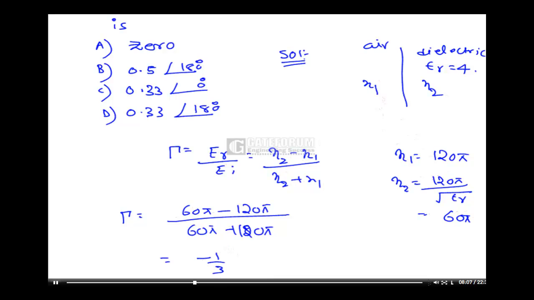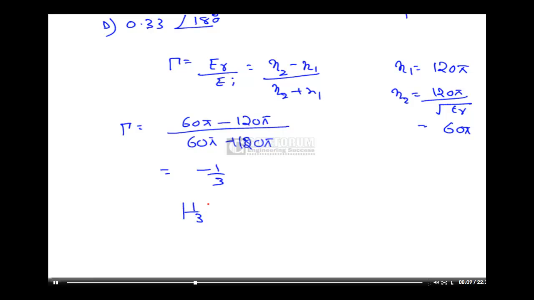If you convert into magnitude, it is 1 by 3, and the phase angle is exactly opposite, since ER by EI, the reflected is minus of EI. So at an angle of exactly 180 degrees phase. So 1 by 3 at an angle 180 degrees, that is 0.33 at 180 degrees.